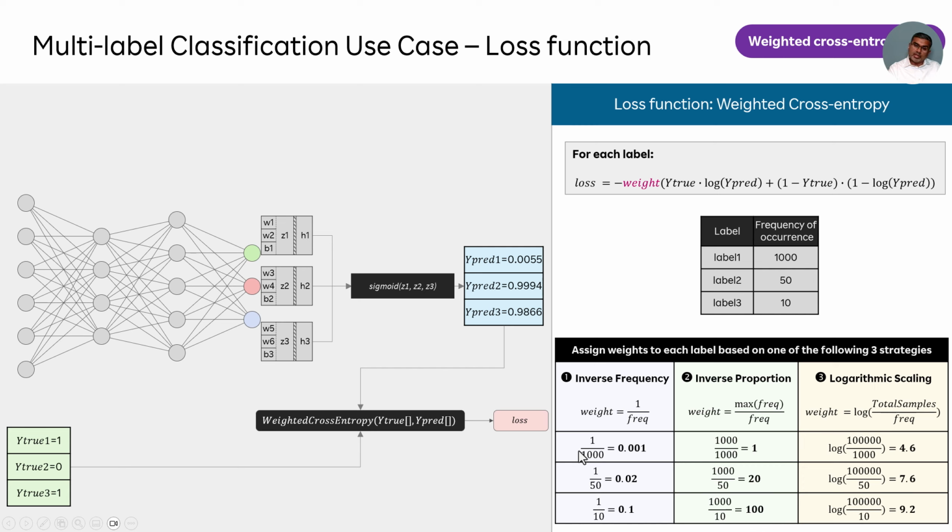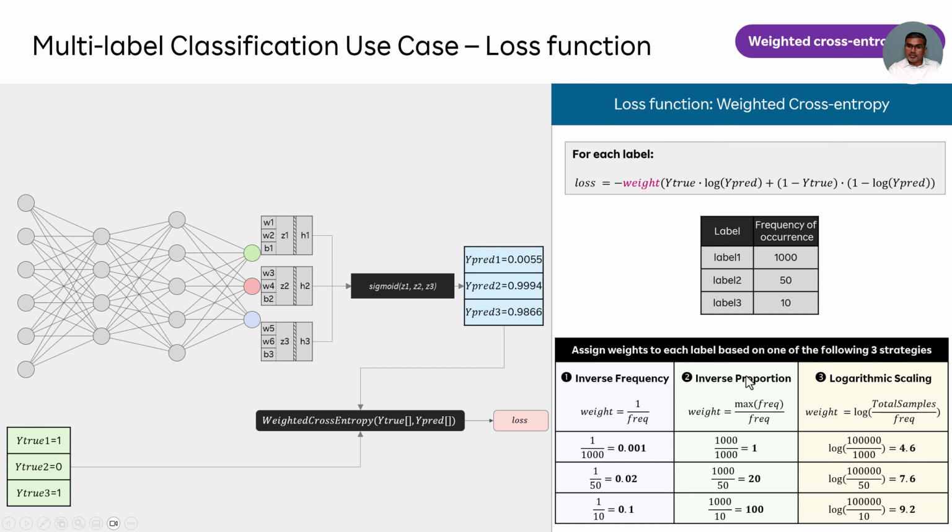This is useful in the example that I showed you earlier, where you're trying to assign a label to patient data, whether they have a rare disease or not. And by the definition of a rare disease, a few people will have it, not a lot. So you would essentially want to weigh that more. That's what this particular strategy, inverse frequency, does.